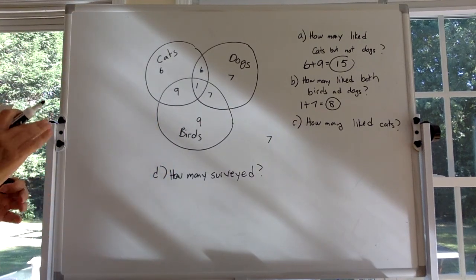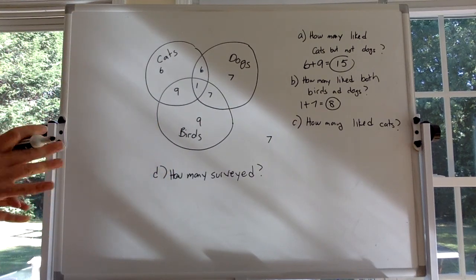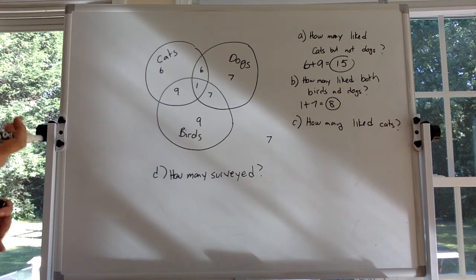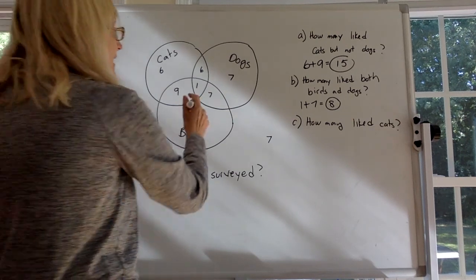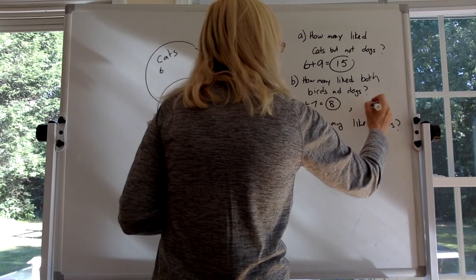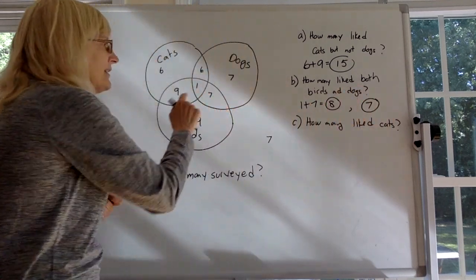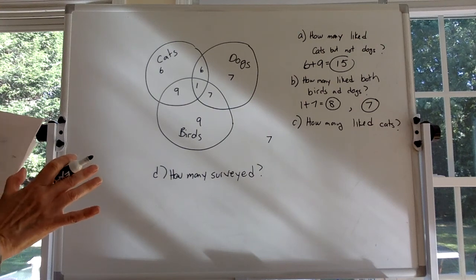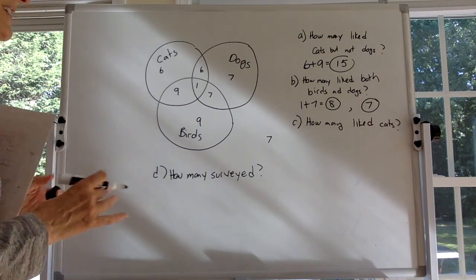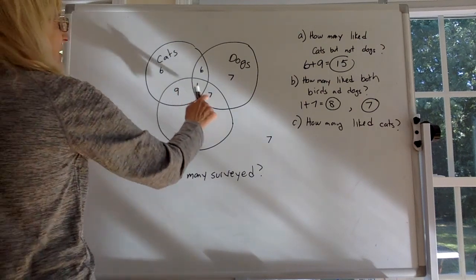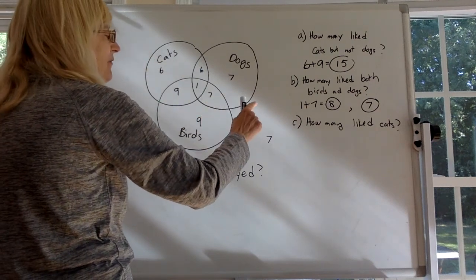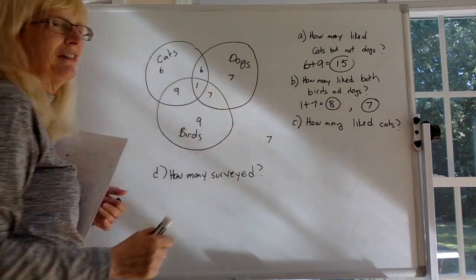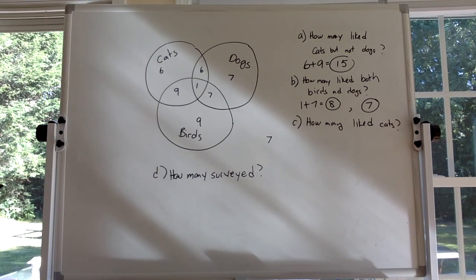They might interpret it as only like birds and dogs. So it's either going to be 8, or if it's interpreted that only birds and dogs, it would be that 7. So we may have to play around with that one. Sometimes you have to interpret the question, because my first inclination would be to add the 1 and the 7, but I think I remember the answer was just the 7. So you might have to look at that.